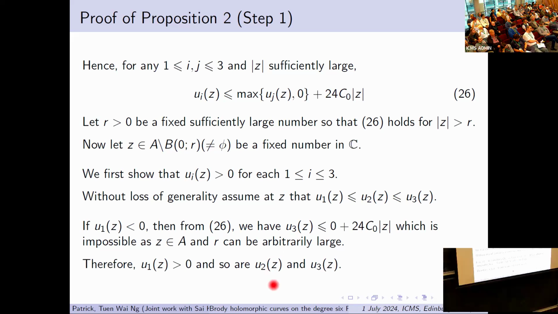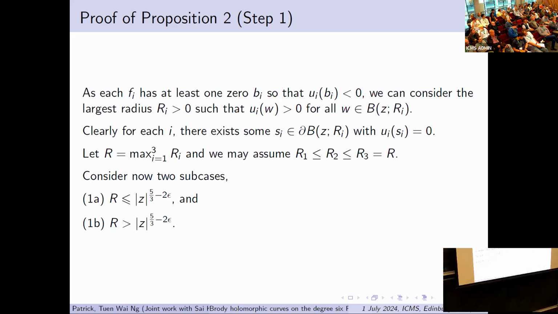And therefore you get a contradiction. And therefore u1 has to be positive. But u1 is the smallest one, and therefore all the u_i would be positive. So all the u_i will be positive at the point.